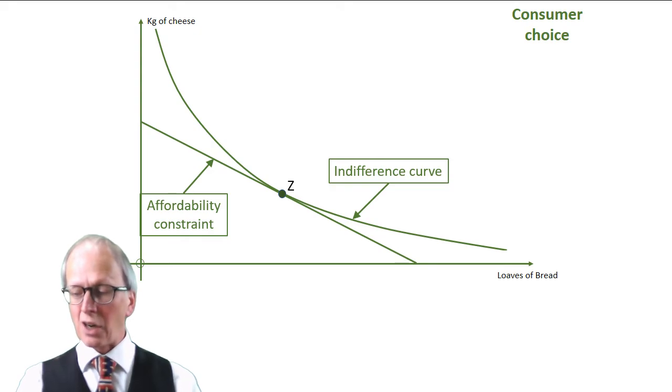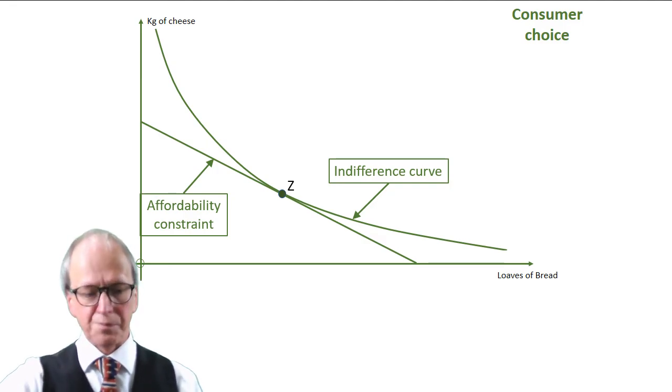That means that there are no affordable bundles in the preferred set apart from Z. In fact, Z is the only affordable bundle that even lies on the indifference curve through Z. And what that means is there is no affordable consumption bundle preferred to Z, so that Z is the most preferred affordable consumption bundle.